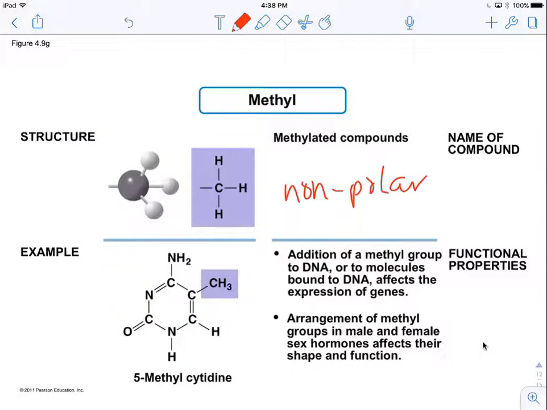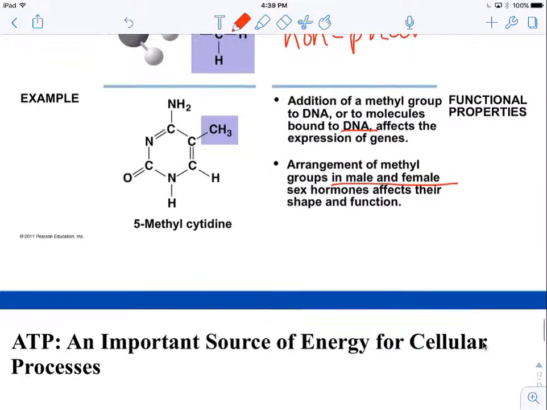So do phosphate groups. They can be bound to DNA and affect the expression of genes. And as we saw a few slides ago with the estrogen and testosterone, arrangements of the methyl group on the sex hormones affects their shape and function. Okay, so that's it for our functional groups.